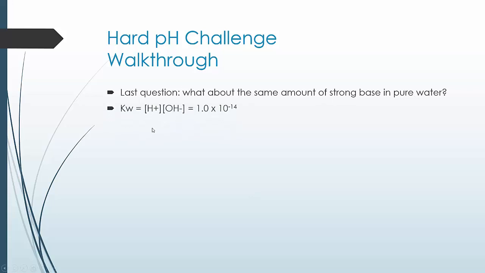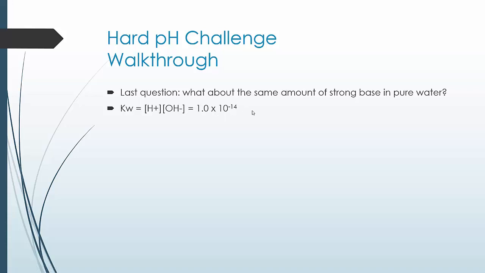Well, for this we need to work with a slightly different equation. We need to use the ionization of water. The ionization equation for water is the concentration of proton times the concentration of hydroxide equals 1 times 10 to the minus 14. You should recognize that 14 as being on the pH scale.